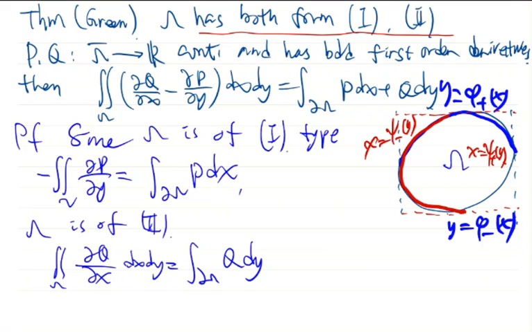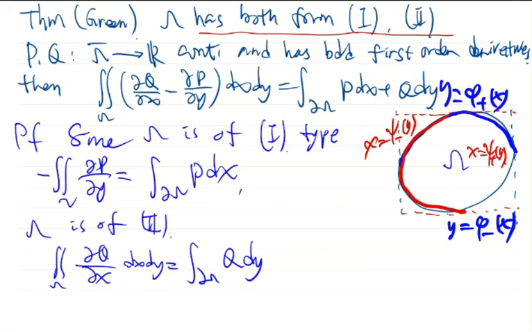Okay, but even if omega does not have these two types simultaneously, maybe we can divide omega into several pieces. Each piece has both forms.